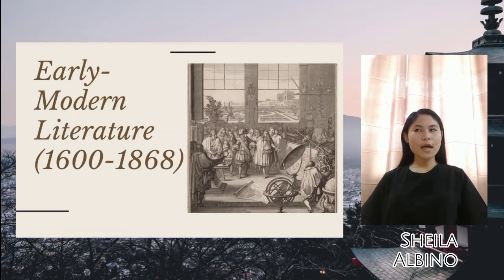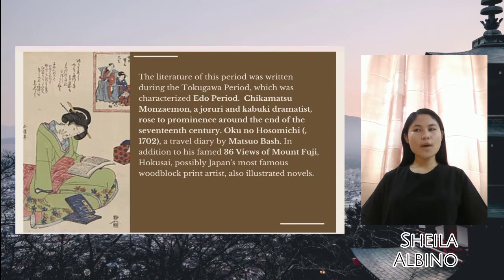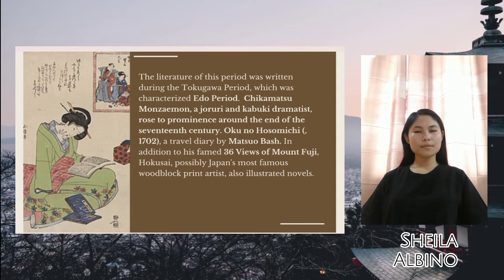Early modern literature and post-war literature. First, let's focus on the early modern literature, which started during the 1600s until 1868. This literature was written during the Tokugawa period, also known as the Edo period, and here are some famous people who contributed.